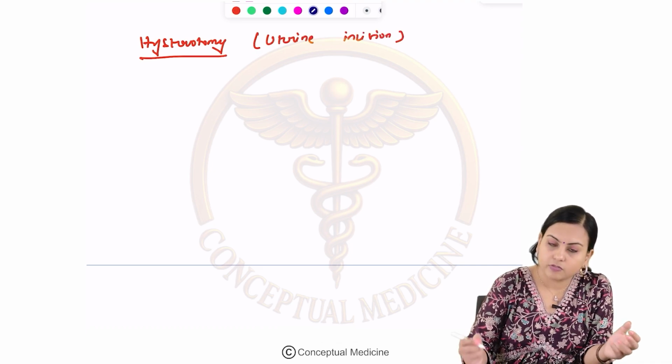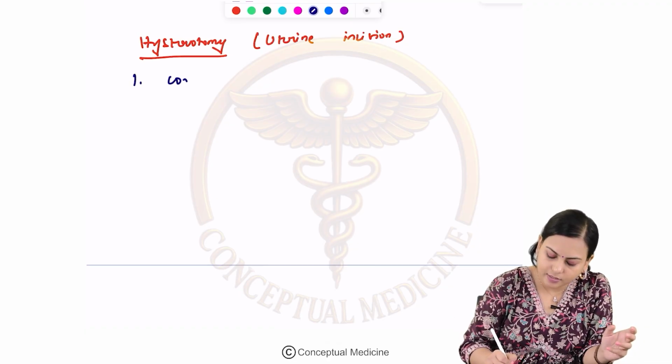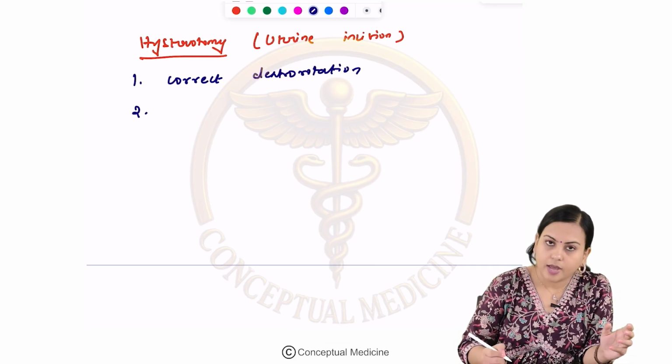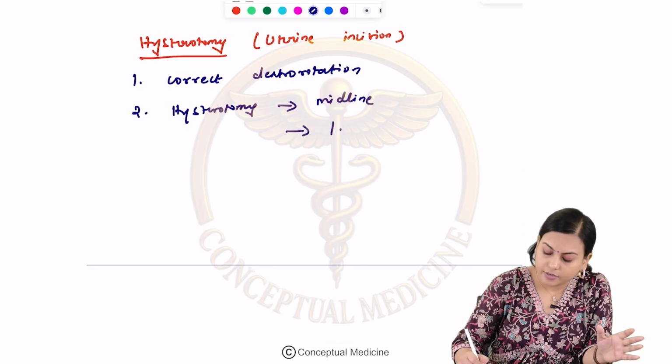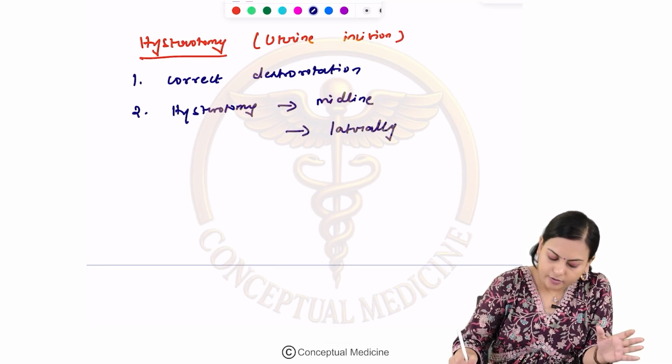So, before giving uterine incision, as I previously said, correct dextrorotation once again if needed. Okay. Now, you have to do the hysterotomy incision in the midline, okay, and not laterally, definitely not laterally.